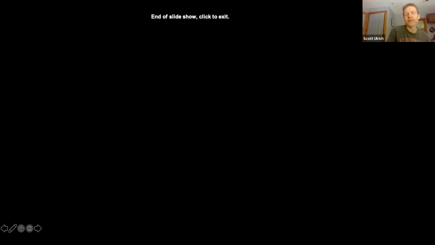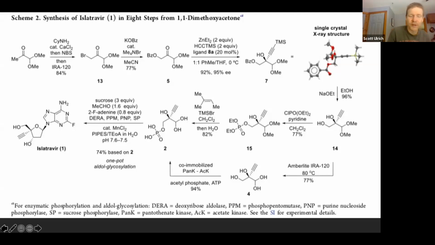So it's a nice way to complement the biocatalytic route, and also a reaction you probably haven't seen before, which is an alkyne carbonyl addition.